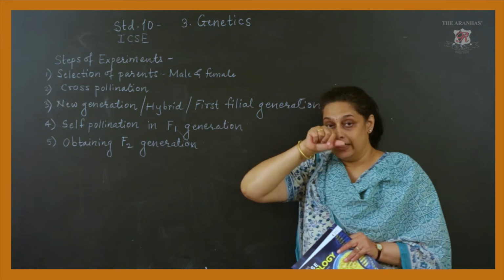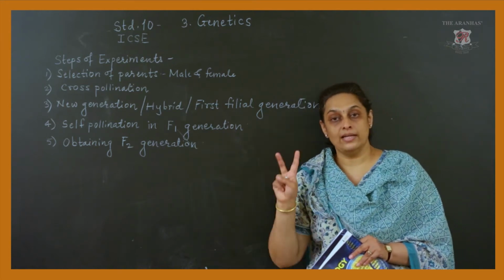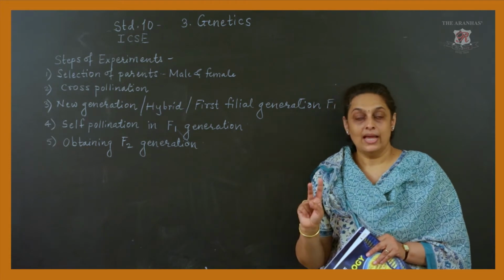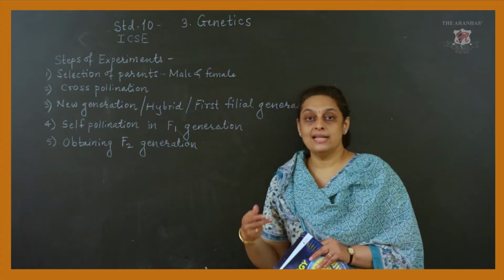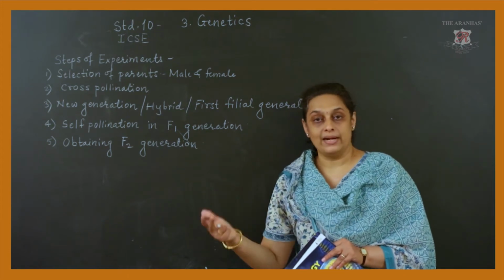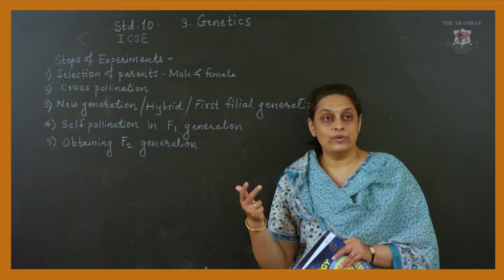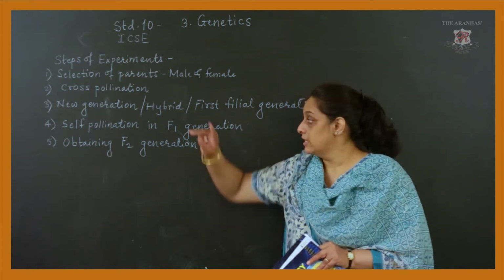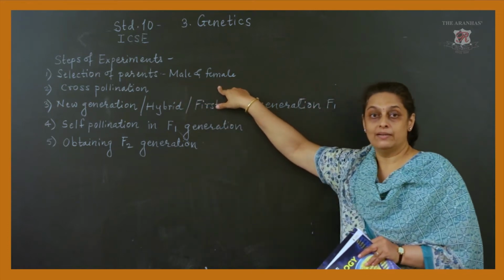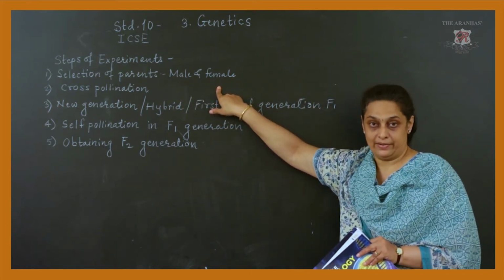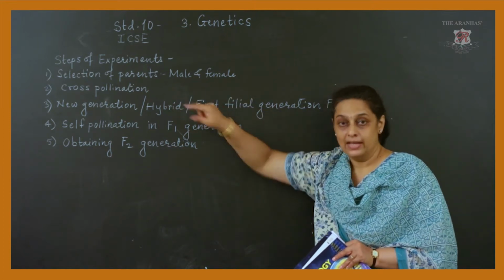Now in the cross there are two plants involved, and by observation Mendel selected those plants for experiment. Those plants will be treated as parents. So one male parent, the other plant becomes female parent. So this is how selection of parents was done.